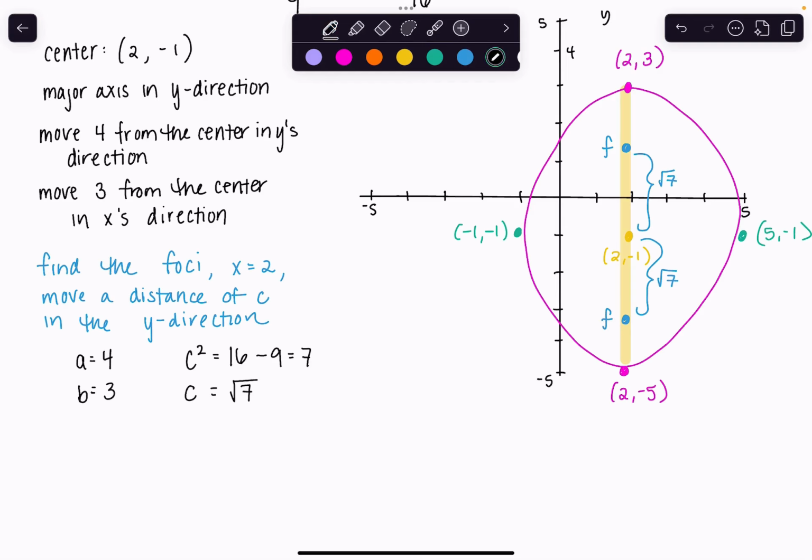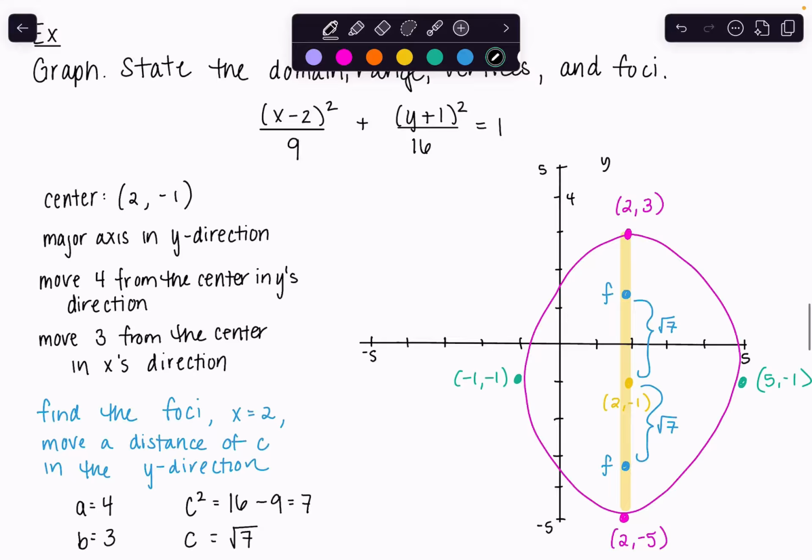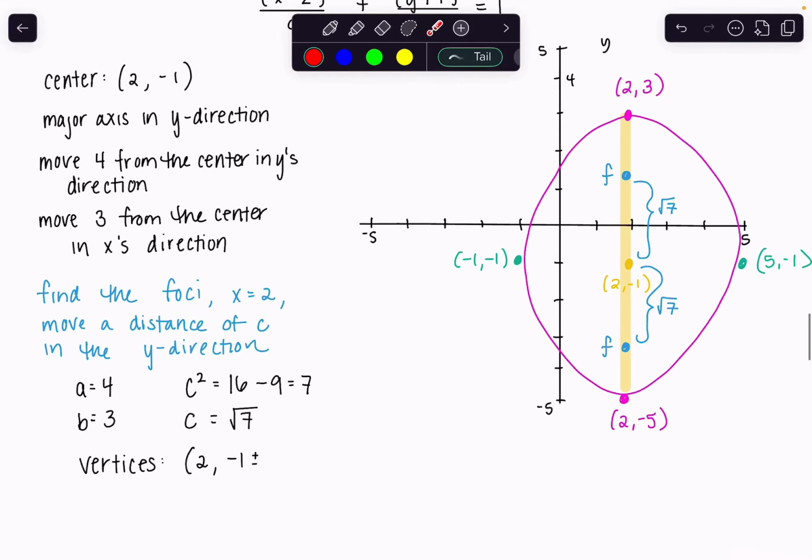Okay. So we can now write everything down, our vertices. I'll start with the formula just so you can see it, but our center for the x coordinate is 2, and what we did in the y direction was we added or subtracted that value that is underneath y. So we added or subtracted 4, which gave us those 2 points of 2, 3, and 2, negative 5.